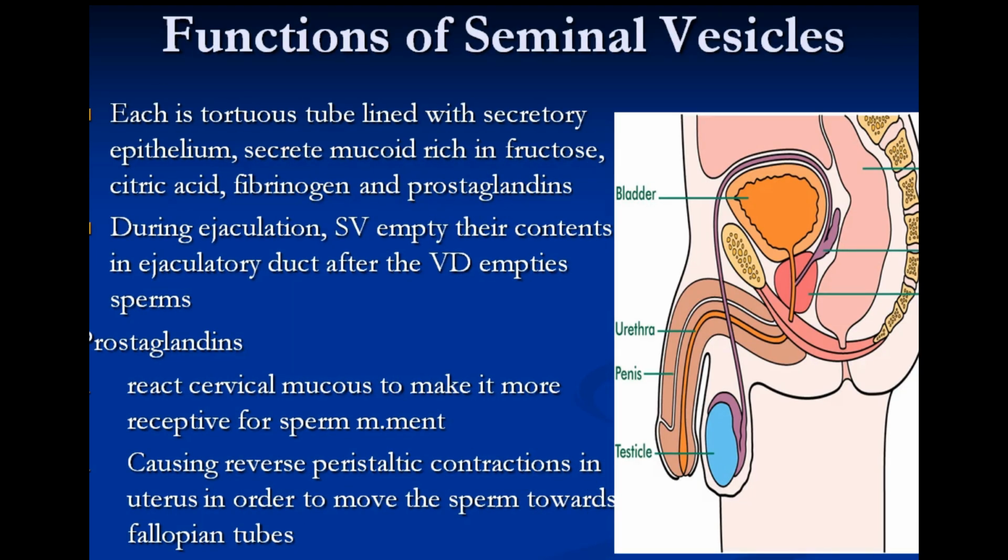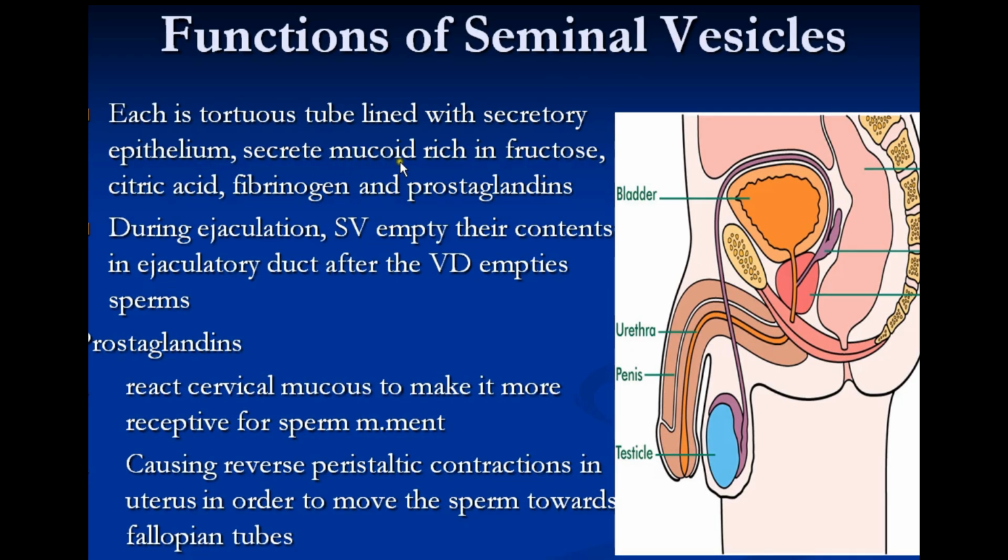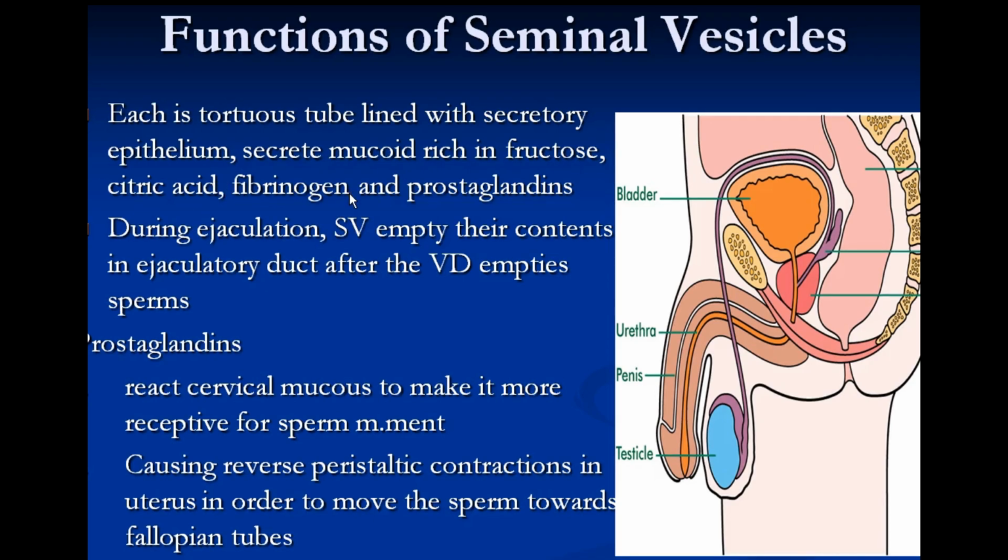Now the specific function of the seminal vesicles, which lie on both sides of the prostate. This is the seminal vesicle, a tortuous tube lined with secretory epithelium, and it secretes a mucoid, viscous secretion, which is rich in fructose, citric acid, fibrinogen, and prostaglandin.